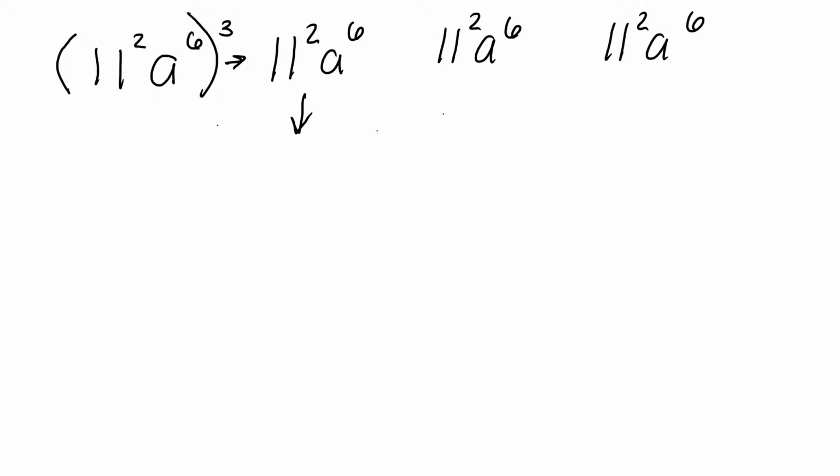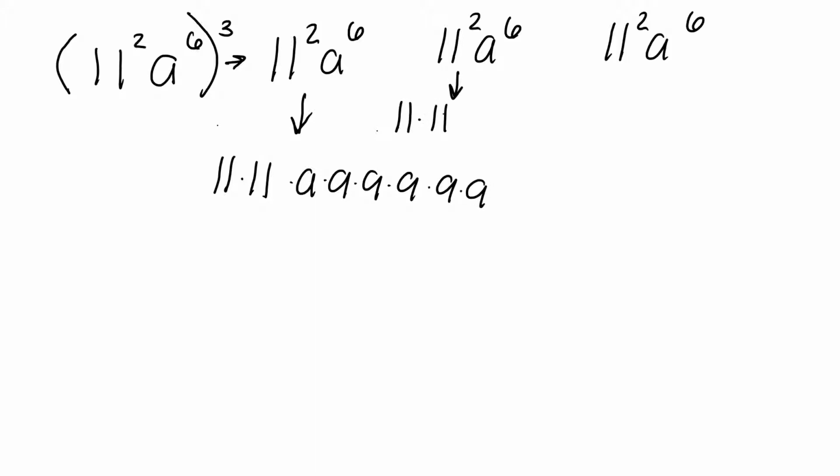When we break it apart again, we have 11 twice because it's 11 squared, and I have a 6 times. And we do that for each one. 11 squared, so 2 11s, a 6 times.